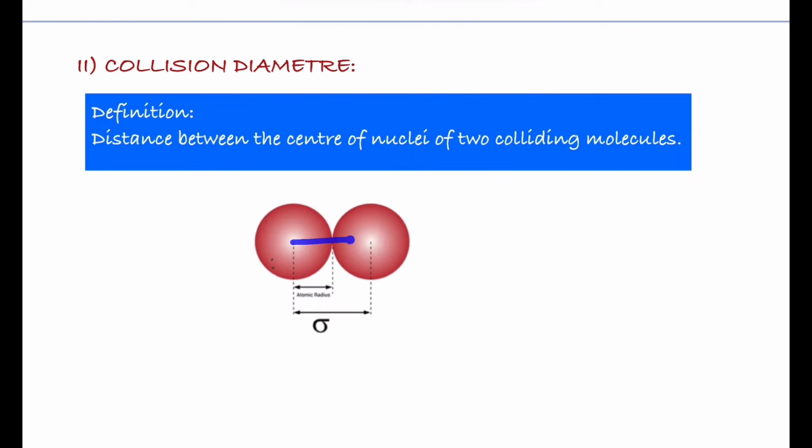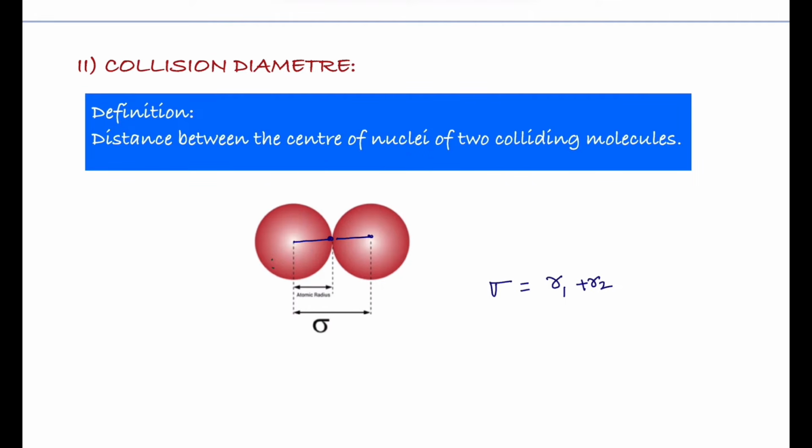The distance between the centers of two colliding molecules is called the collision diameter, and this collision diameter is sigma. This sigma is equal to the radius of the first molecule plus the radius of the second molecule.